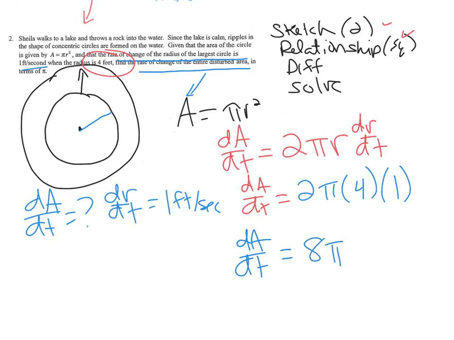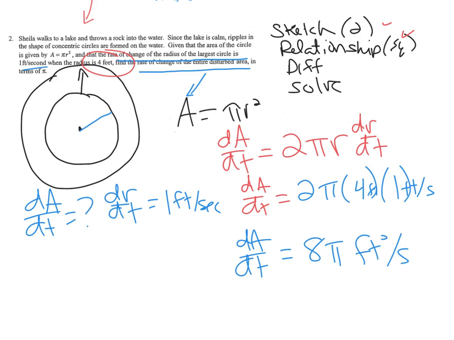Technically, it would be feet squared per second, because this is 4 feet, and this is 1 foot per second, but area is a two-dimensional measurement, so it makes sense that that's 8 pi feet squared per second. And that's the answer. There's not a whole lot of work there, but there is a bit to think about.